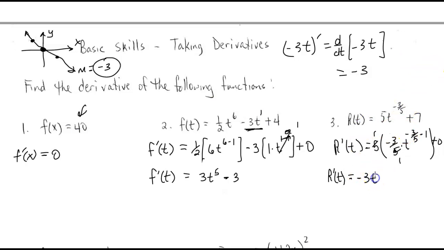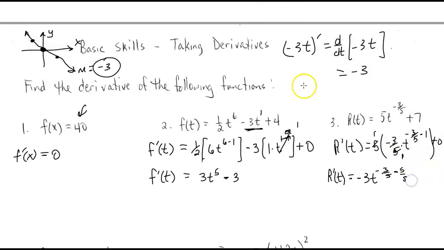I have t raised to the -3/5, and I need to subtract 1. Well, that's like me subtracting 5 divided by 5. So I'm going to move this 1 out of the way for a second, and we'll say this is -5/5.